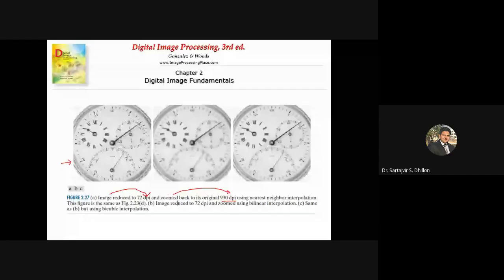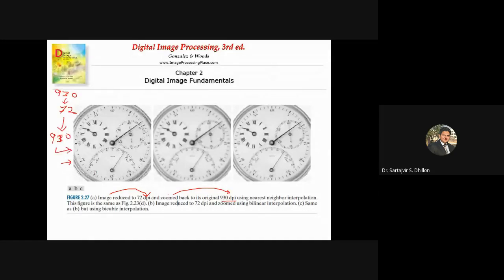Once you have decreased the dpi, it is possible to come back to the actual position of 930 dpi. The actual image is converted into 72 dpi, and then the 72 dpi image is zoomed back to its original size of 930, and here it looks like figure 8.